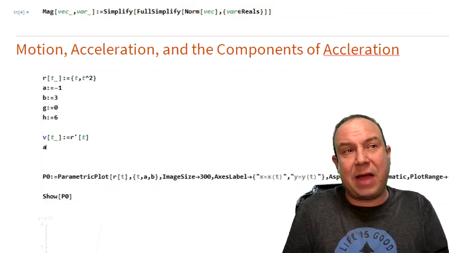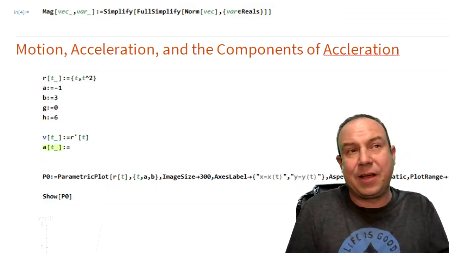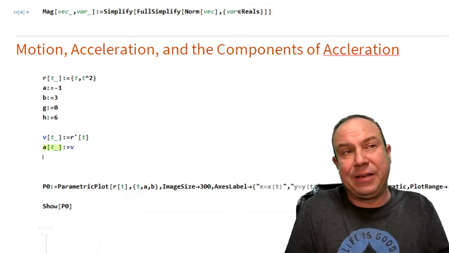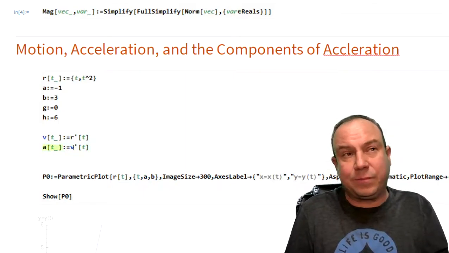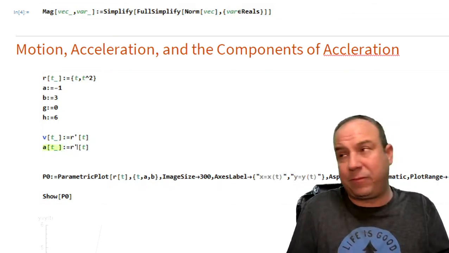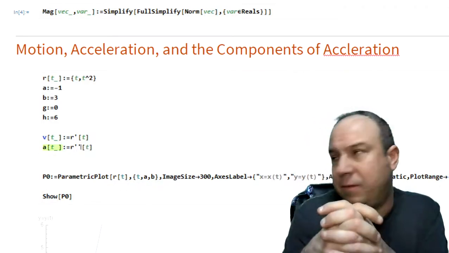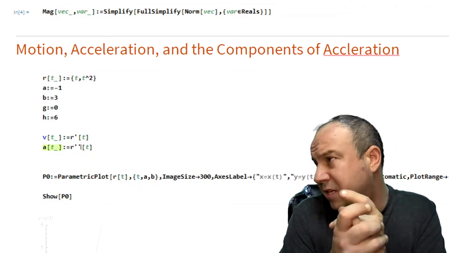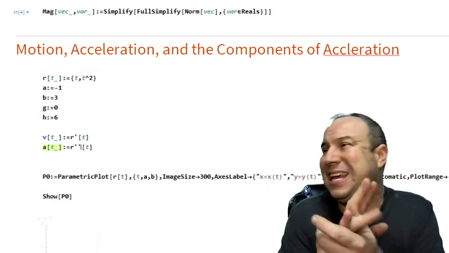And we might define our acceleration vector to be the first derivative of our velocity vector. That works if we've defined our velocity vector. If we haven't defined our velocity vector, we would note it is the second derivative of our position vector. That describes acceleration.